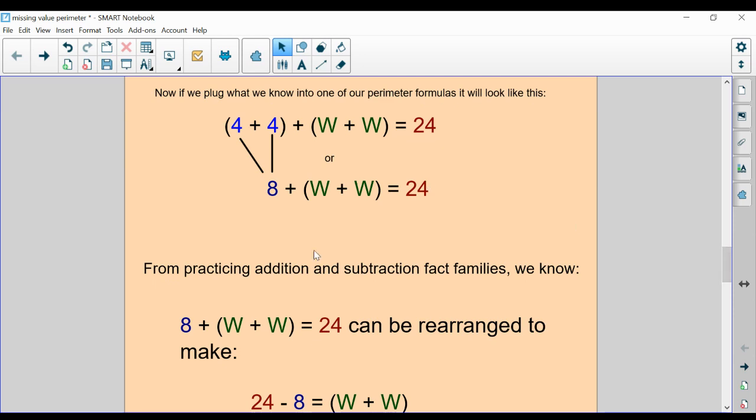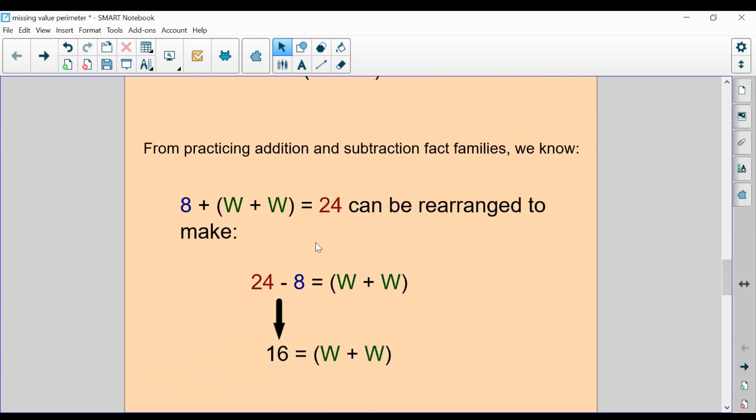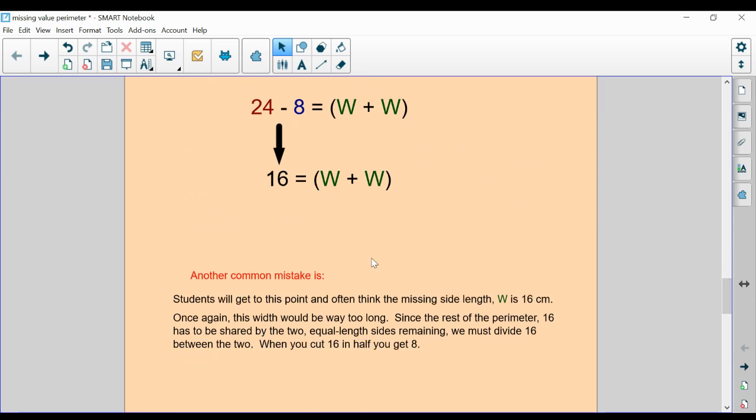But if you think about our addition and subtraction fact families, you know that to take an addition problem and turn it into a subtraction problem, you would take the big number and put it to the left of the subtraction sign. Then you have the 8, so 24 minus 8 equals W plus W. So in other words, 16 equals W plus W.